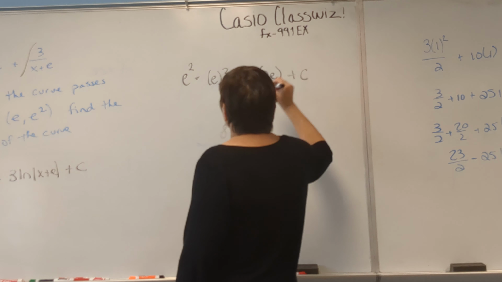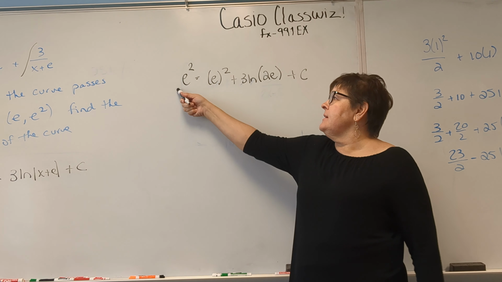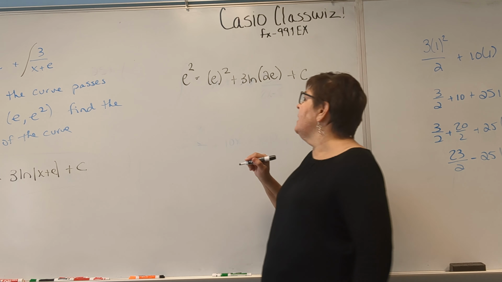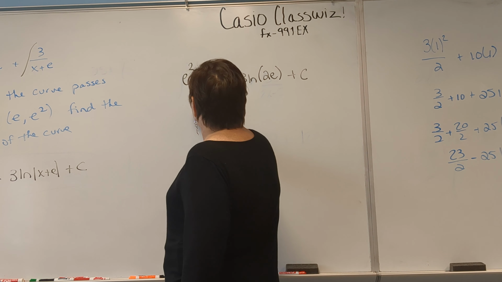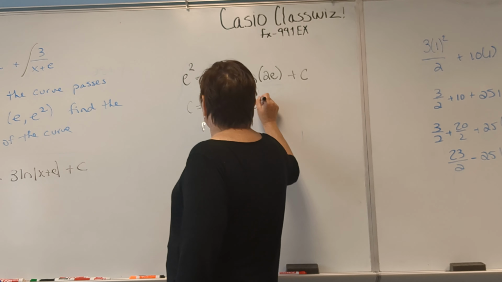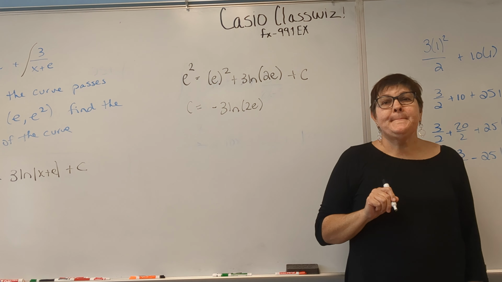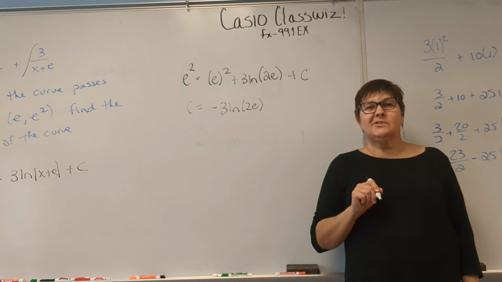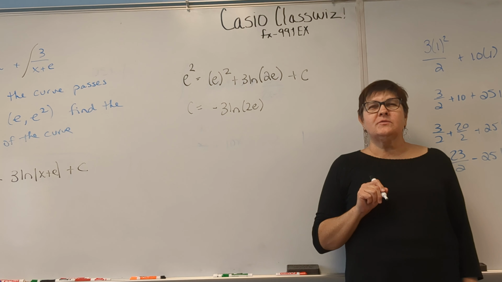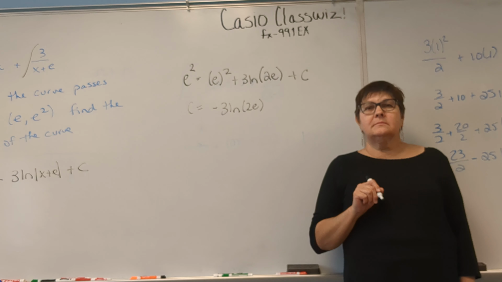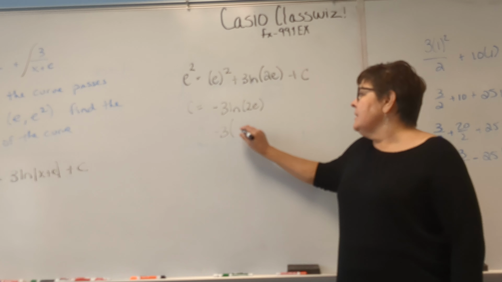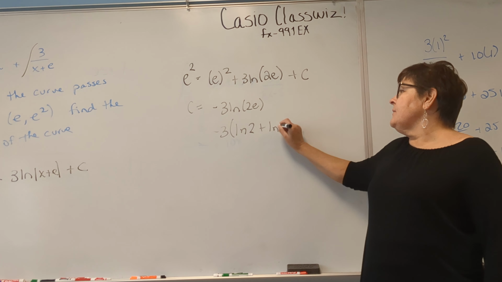You need to simplify it this way. So I do recognize that these cancel, yeah? Oh, I mean like at the end. So, do you agree C is equal to negative 3 ln of 2e? Is that simplifiable? It is. What does multiplication mean with natural logs? Put the something in front of it. So we have ln of 2 plus the ln of e.